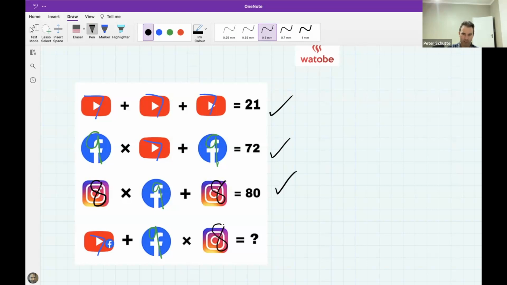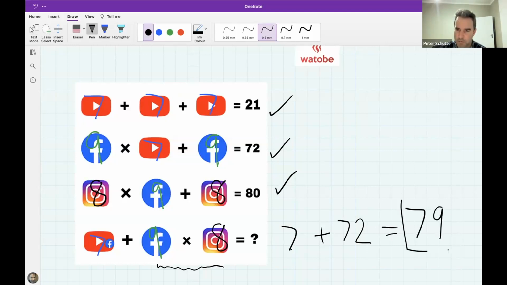Now the last thing, what is that going to be? So again, we know the multiplication must be done first. So 9 times 8 is 72 plus the 7. So what is my final answer going to be? Yes, I see lots of people getting 79.